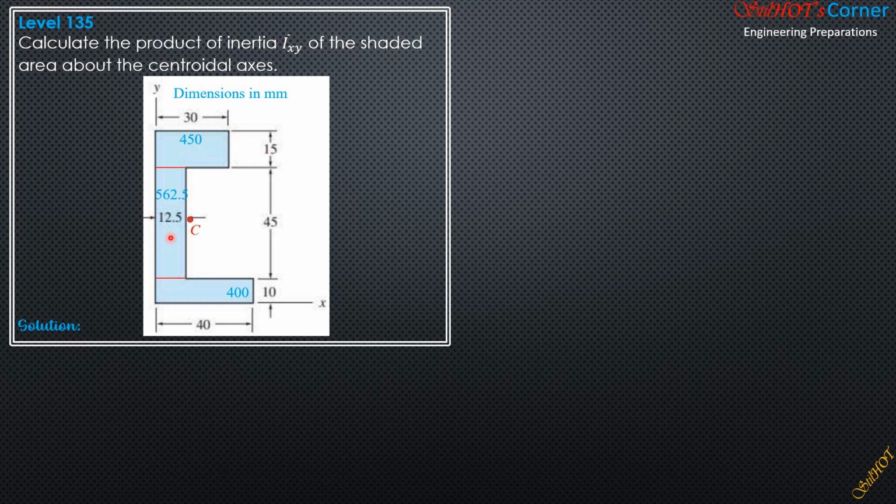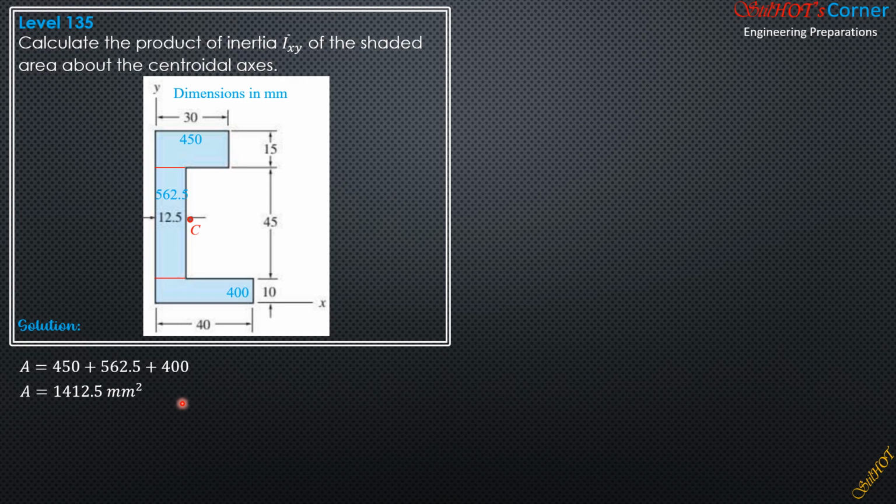For this area here, bar x is half of 12.5, 6.25, while bar y is 10 plus half of 45, 22.5, so 32.5. For this area, bar x is 20, bar y is 5. So area equals 450 plus 562.5 plus 400, so the area is equal to 1412.5 mm square.